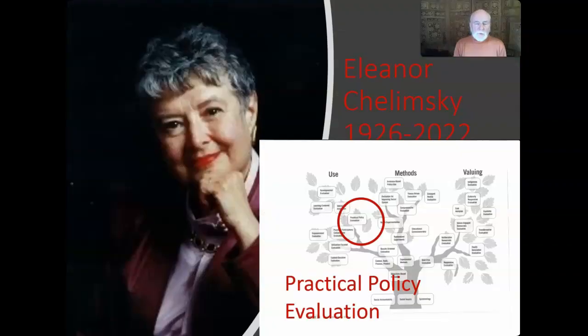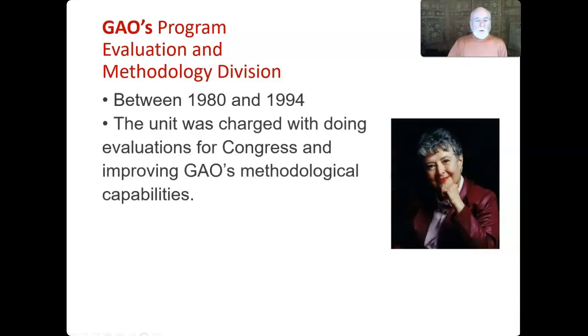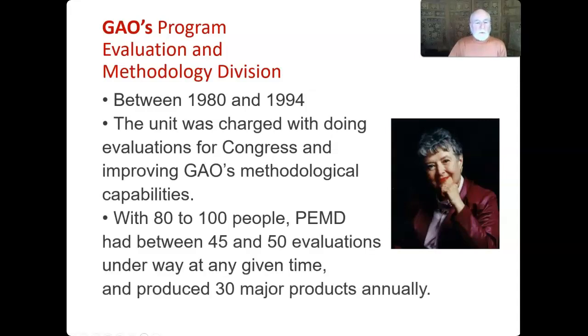Theorist Eleanor Chelimsky is located in the new third edition on the use branch under practical policy evaluation. She was the founder and director of the Government Accountability Office's Program Evaluation and Methodology Division between 1980 and 1994, a unit charged with doing evaluations for Congress and improving GAO's methodological capabilities.